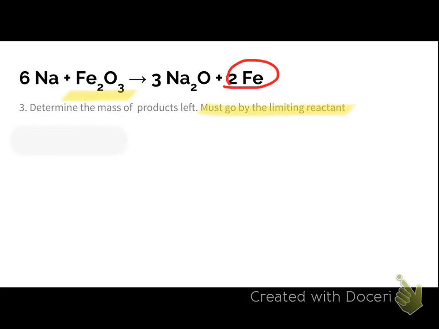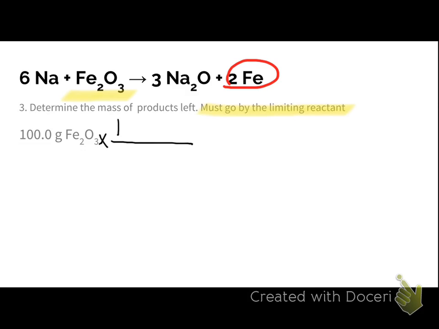So what we have to start with is our 100 grams of the iron 3 oxide. So we're going from grams of the iron 3 oxide to grams of the solid iron. Now it's just that basic stoichiometry that we already know.